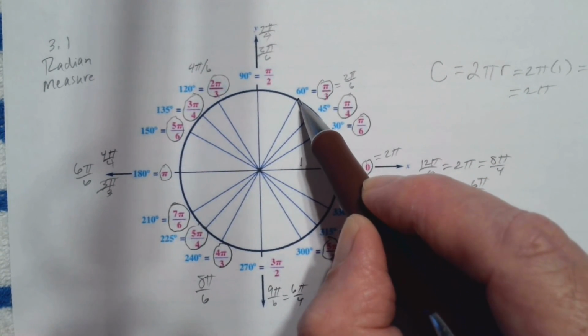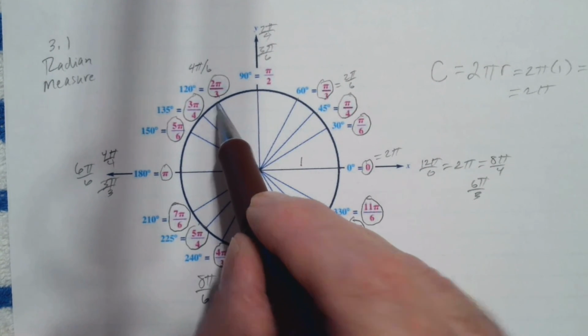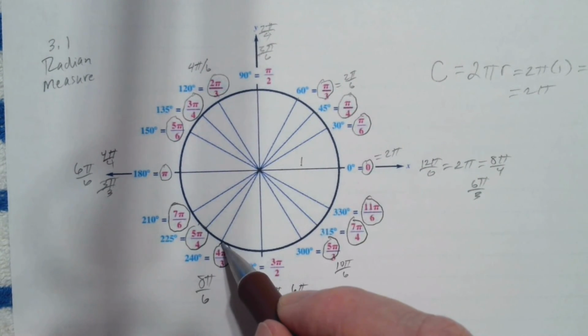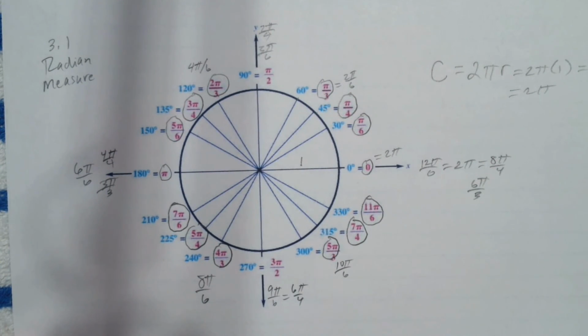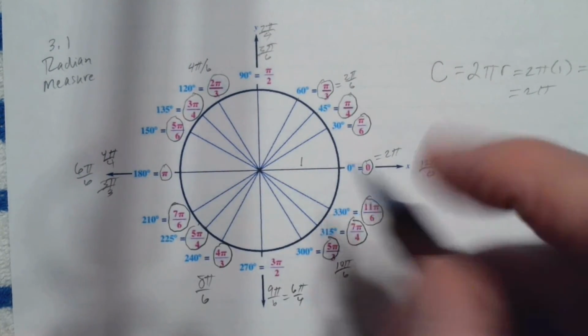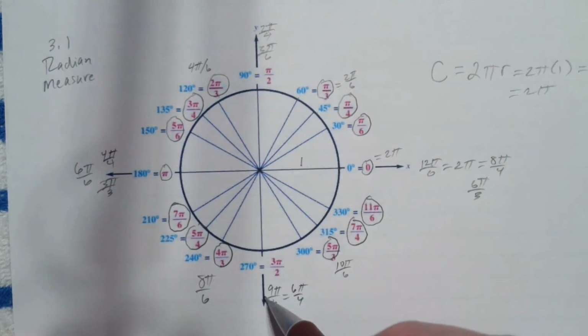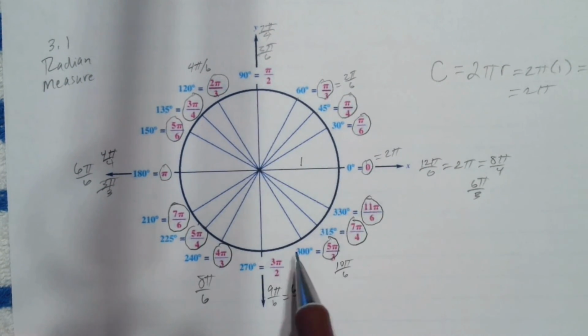Pi over 3, 2 pi over 3, 4 pi over 3, and 5 pi over 3. So notice, the way I think of it is our pi over 6 angles hug the x-axis, and our pi over 3 angles hug or are close to the y-axis.